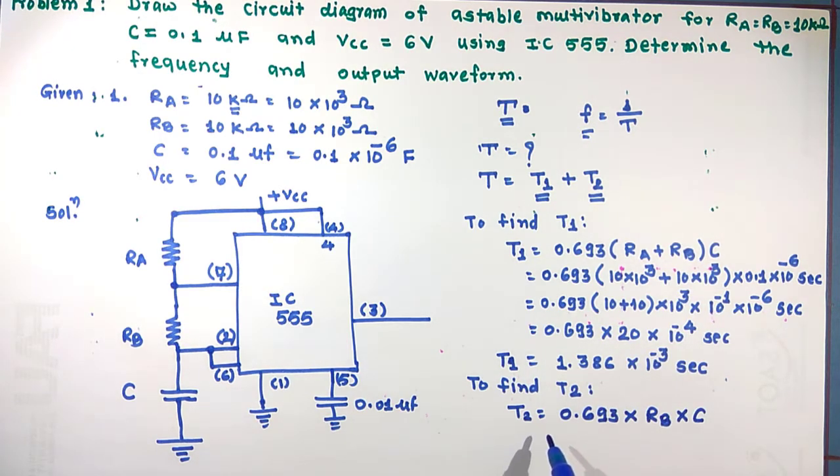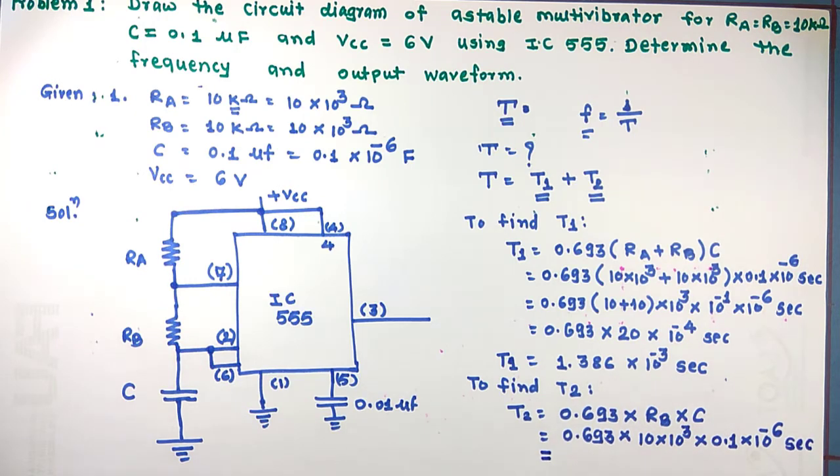Substituting the values, we will get this as 0.693 into RB is 10 into 10 raised to 3 into 0.1 into 10 raised to minus 6. Again, this will be in second.